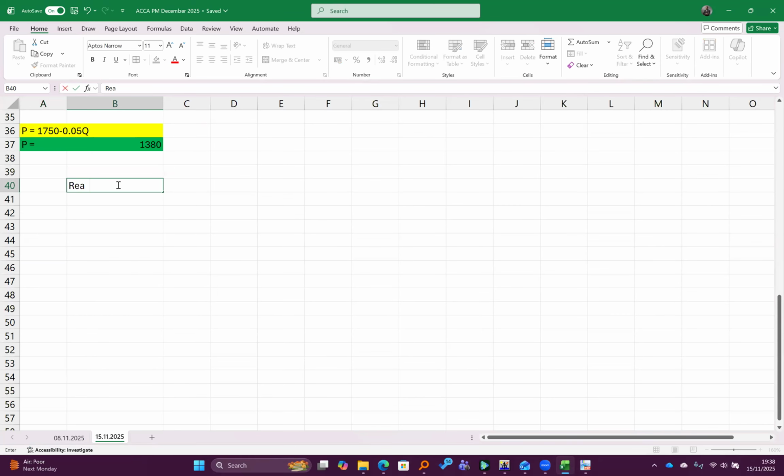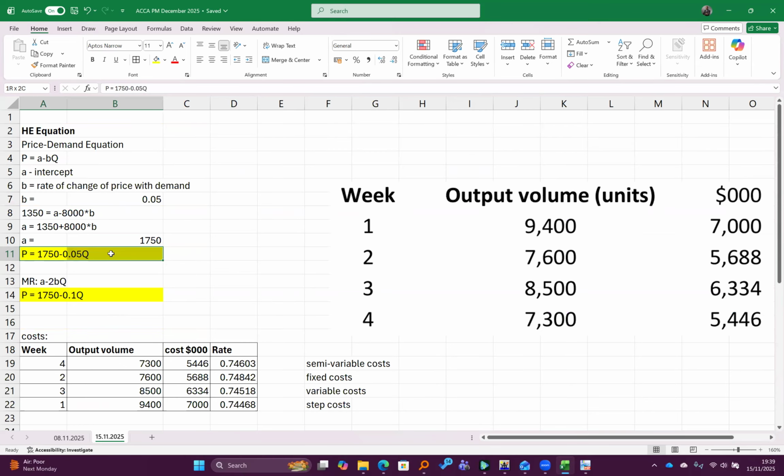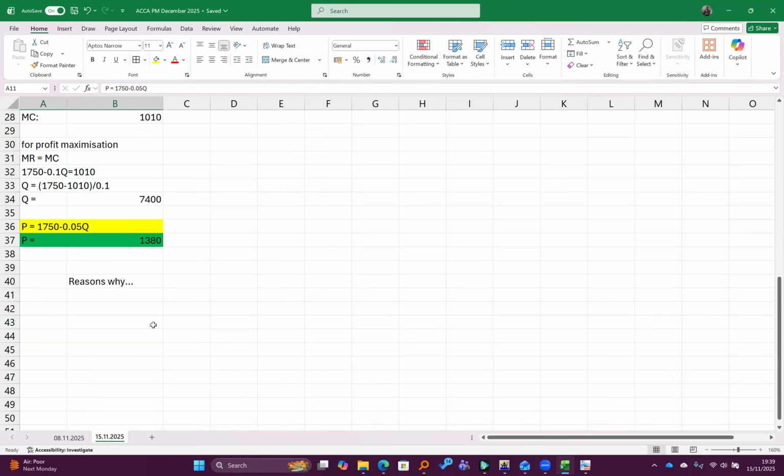Now these reasons come from the fact that when you are looking at price maximization, we assume that demand is clearly moving with price, because that's what we have done here. Whenever you use this equation, it means you're assuming that demand is linear. So the first one is the assumptions.